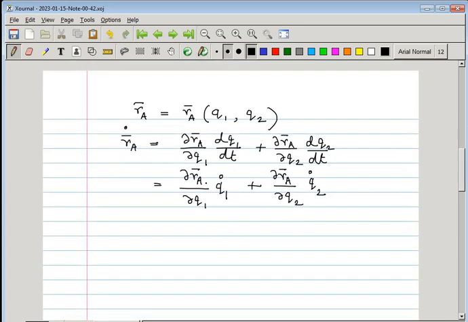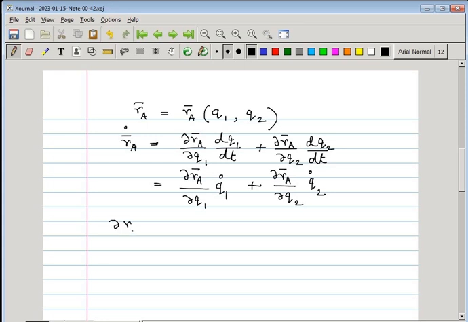Now see, this RA is a function of Q1 and Q2, and that means del RA del Q1 and del RA del Q2 will produce terms containing Q1 and Q2. So only one Q1 dot is coming from here and Q2 dot is coming from here. So RA dot contains one Q1 dot from here and one Q2 dot from here.